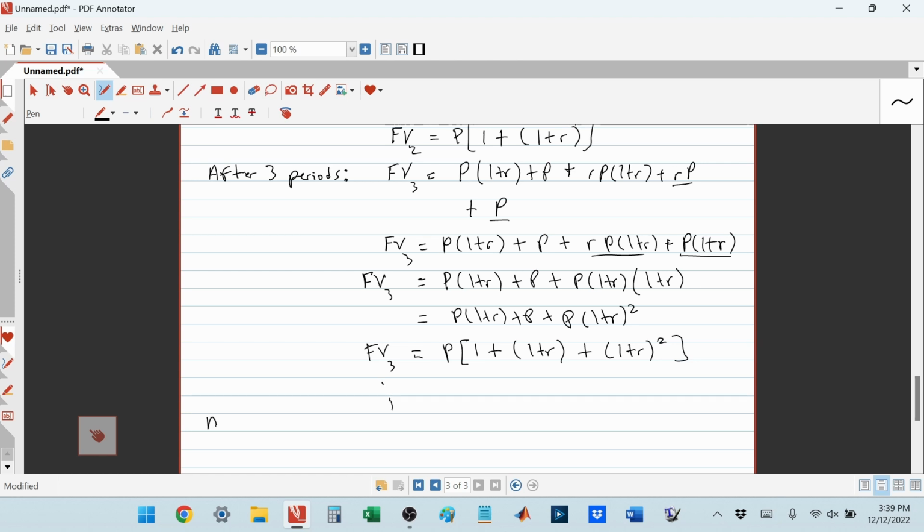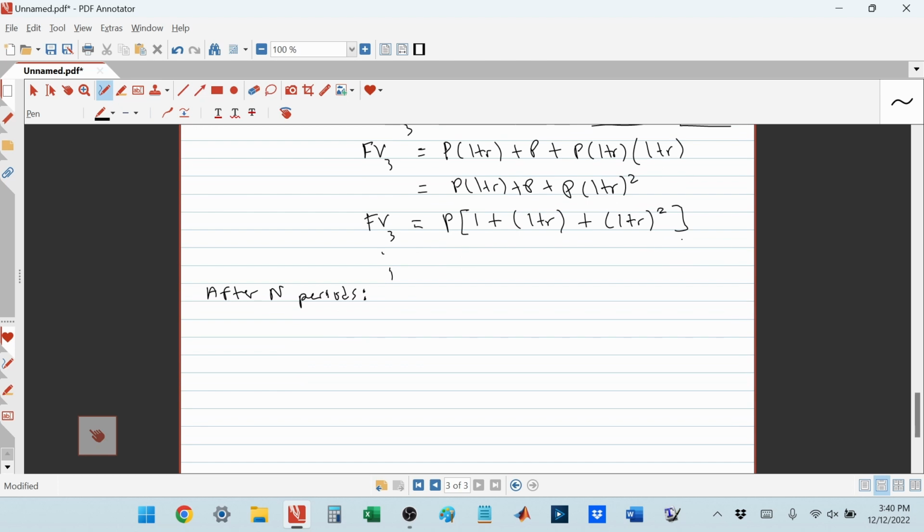And after n periods, if we used a proof by induction, we would find that the future value of the account is just P times quantity 1, 1 plus R, plus 1 plus R squared, plus dot dot dot, plus 1 plus R to the power of n minus 1.